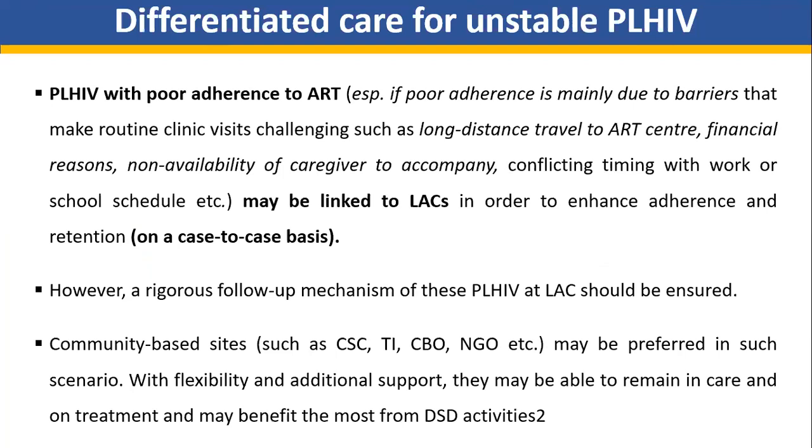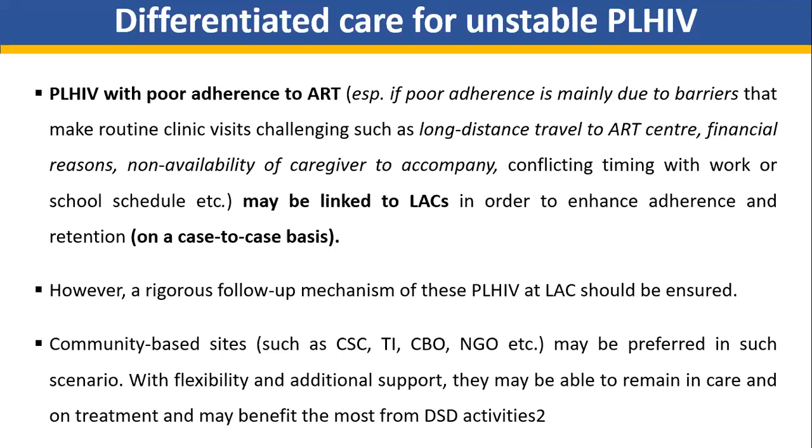So for the unstable patient, we should be providing the adherence support system, especially if poor adherence was due to some barriers like routine clinical visits being challenging because of long distance travel or financial reasons, or there is non-availability of any caregiver or support, or the timings of work or school do not match with the ART refilling.